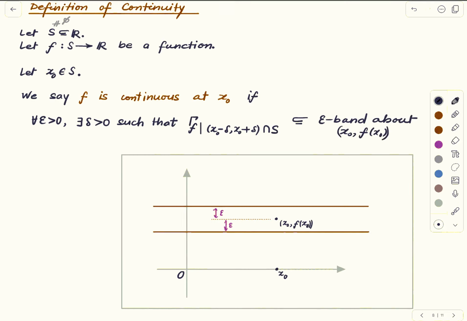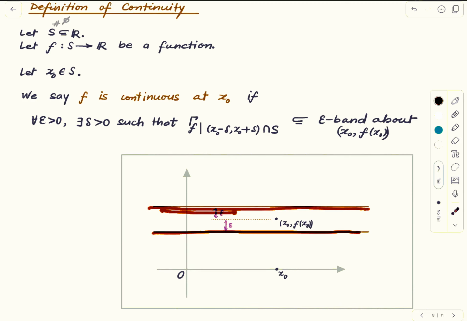Right? So what's going on? Some adversary has chosen an epsilon. This is the notion of nearness that has been chosen by the adversary. And you draw this epsilon band. What we are saying is that there should exist a delta.